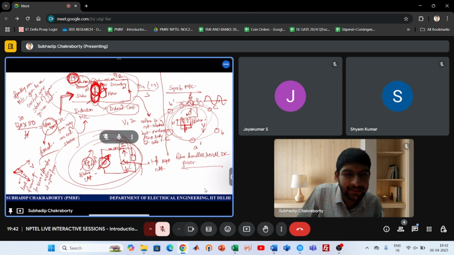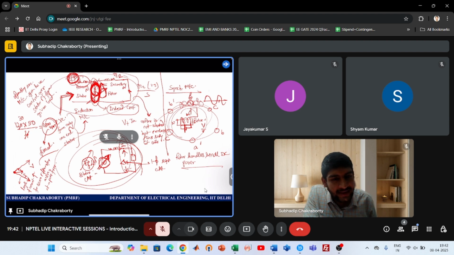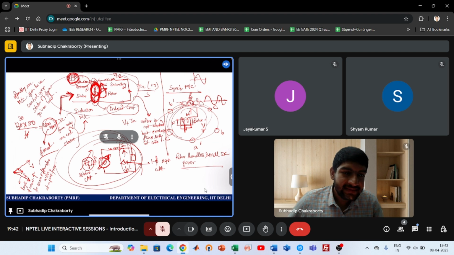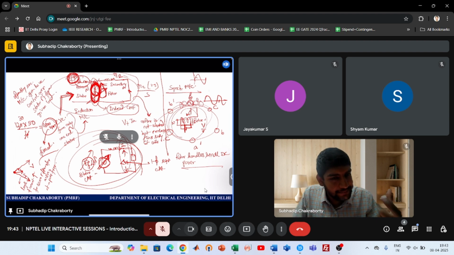I want to sell the maximum amount of power, and you can sell only active power, not reactive power, because reactive power looks like what? Positive it goes, and then negative it comes back. Unidirectional flow of power is only defined as power in electrical engineering, and that is what we term as active power, which is actually resulting in the formation of torque in mechanical systems, and resulting in voltages or currents, glowing a lamp or rotating a fan.